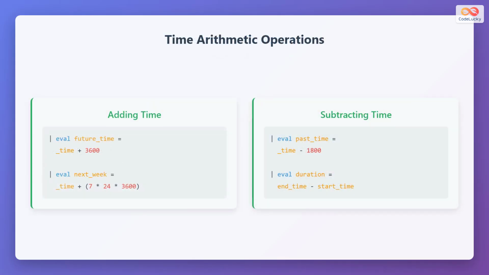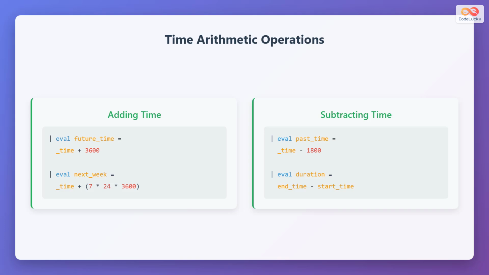Splunk enables powerful time arithmetic operations using Unix timestamps measured in seconds since January 1, 1970. Adding time involves simple addition. Eval future_time = _time + 3600 adds 1 hour, since 3600 seconds equal 1 hour.